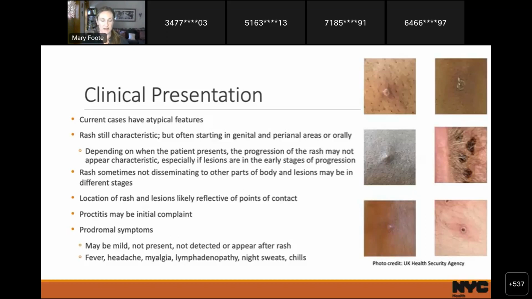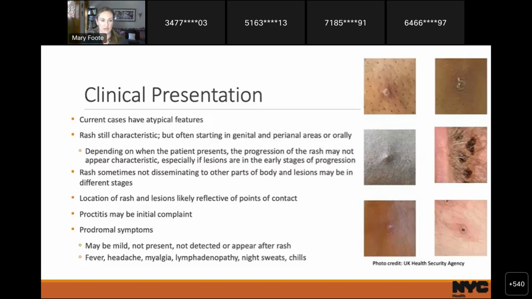The rash generally started more around the face or oral mucosa, and then spread out centrifugally, mainly to the extremities, including the palms and soles of the feet, usually sparing central areas in the trunk. So that's traditionally how we've seen it.